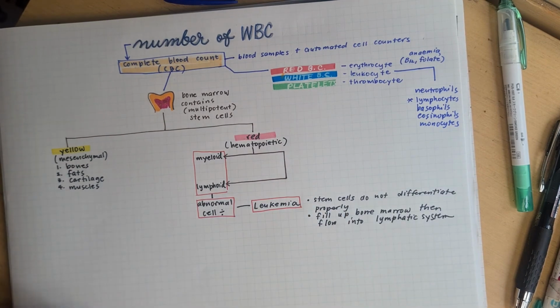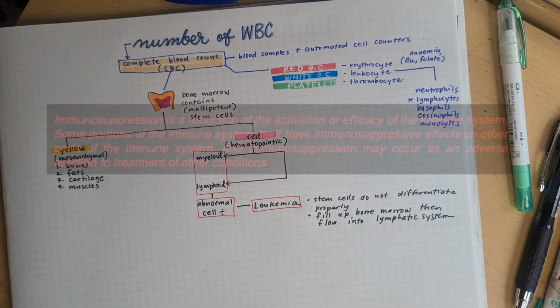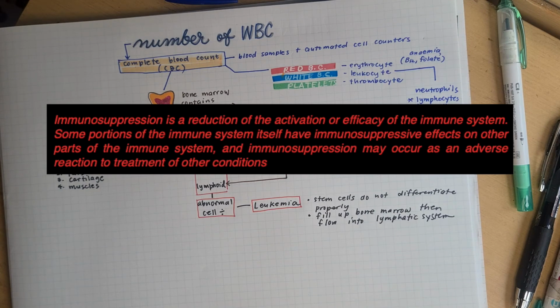The mature neutrophils and lymphocytes would be too low. Therefore, the person who has leukemia can experience an immunosuppressed condition wherein they would have the tendency to get more infections.